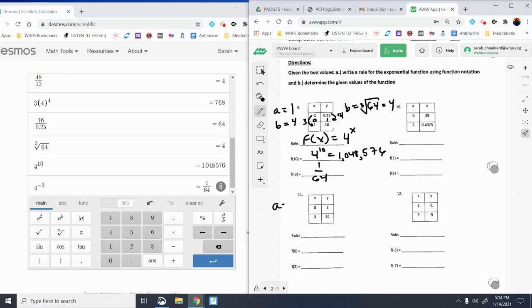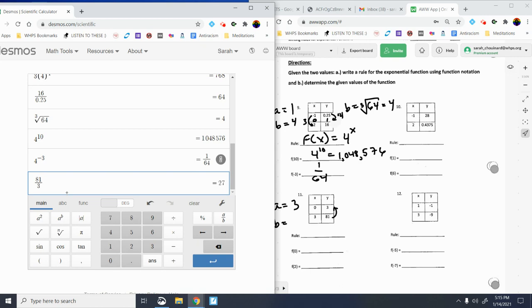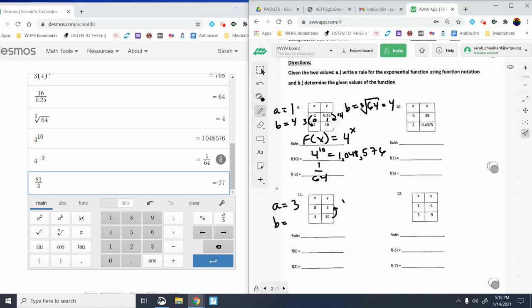All right, number 11 I like because it gives me the initial value, so now I need to just find b by dividing backwards. I'm going to divide 81 by 3, and that's 27. But because x increased by 3, I need to take the cube root of 27, which is 3.